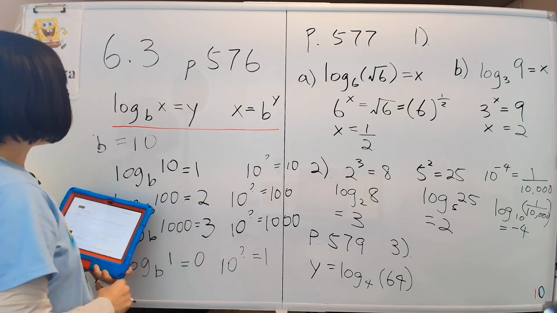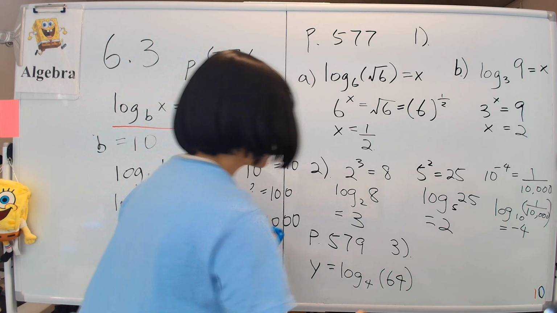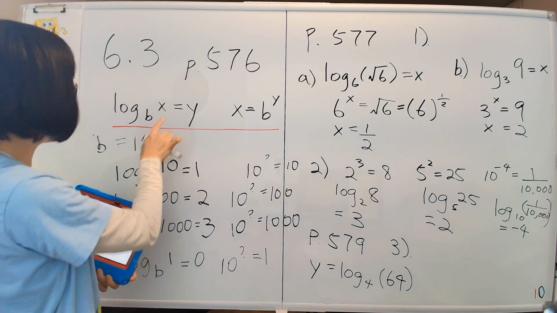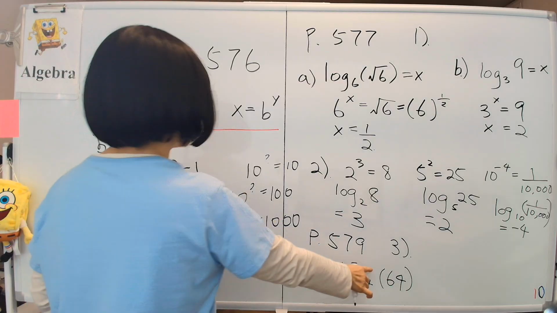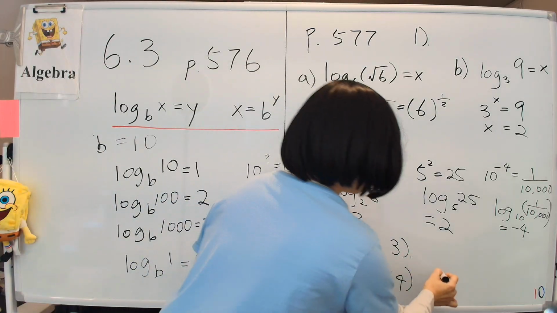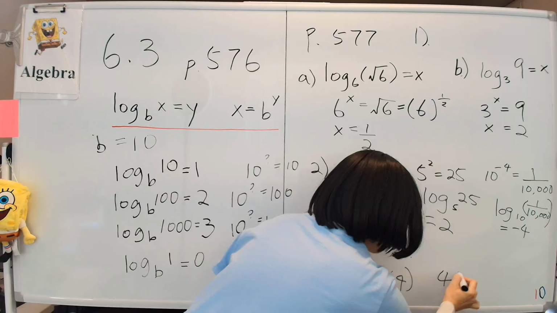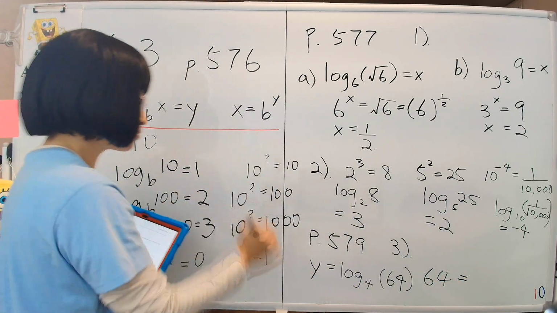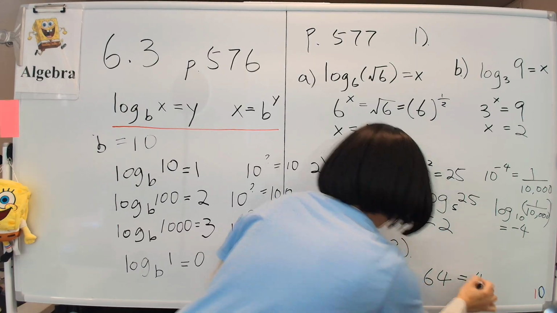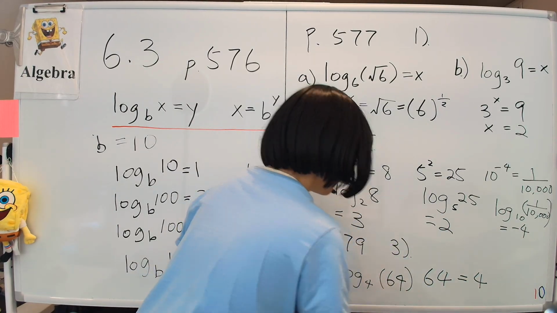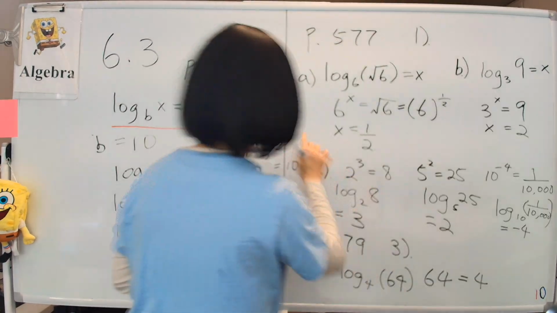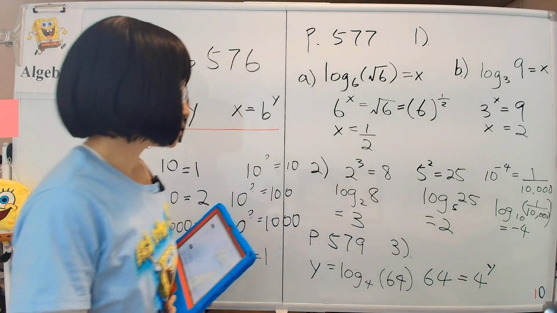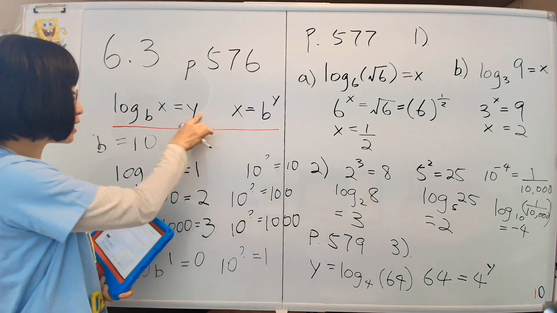What's x in this equation? It will be 64. That means 64 equals b, which is this number down here, equal to 4 in our case, to some power, and the power will be y. What we're looking for is the value of y, because y is the value of the logarithm.